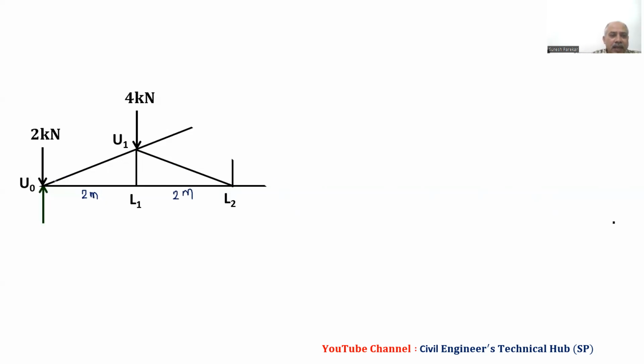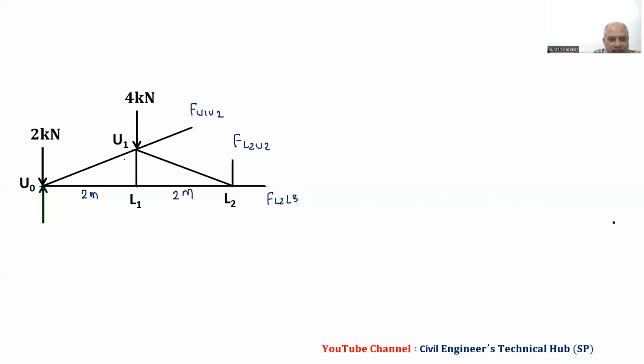Now keep in mind the members which are not cut by this section: U0U1, U0L1, L1L2 and U1L2 will not take part in the equilibrium equations. The members cut by this section, F U1U2, F L2U2 and F L2L3, will take part in the equilibrium equations.